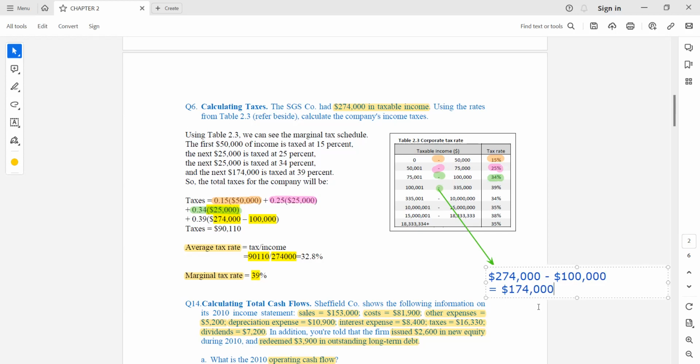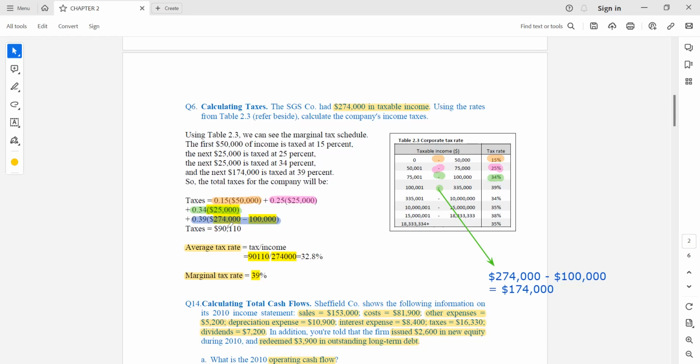So you use 174,000 times the tax rate, 0.39. That's what this part over here means. That means you find out the residual value, the leftover value that's subject to the 39% tax. And at the end, I get a total tax of 90,110. That means this is the total tax they have to pay.